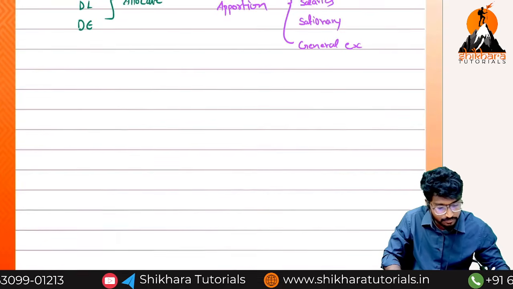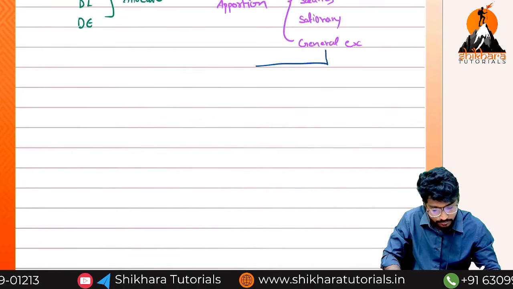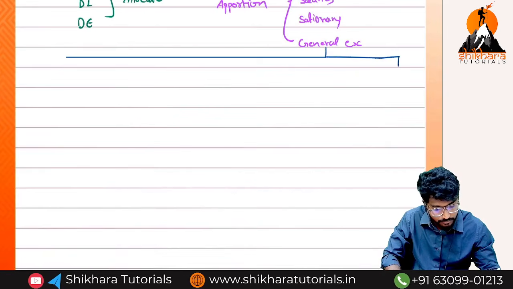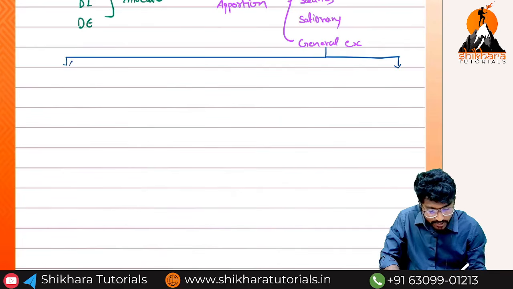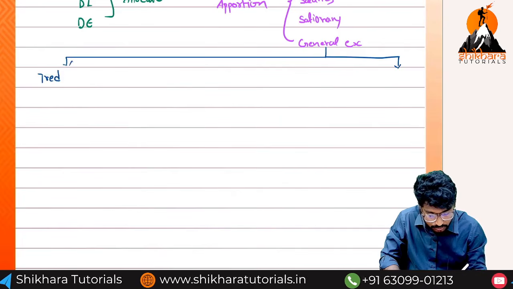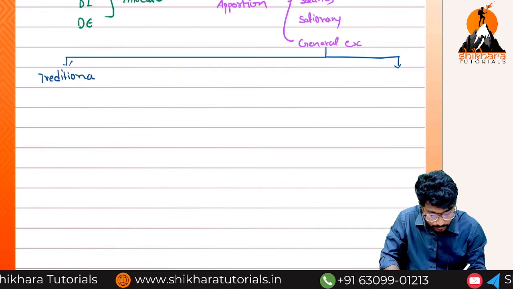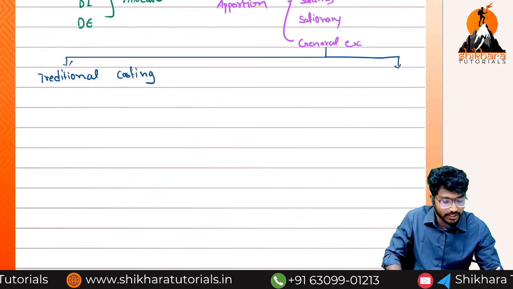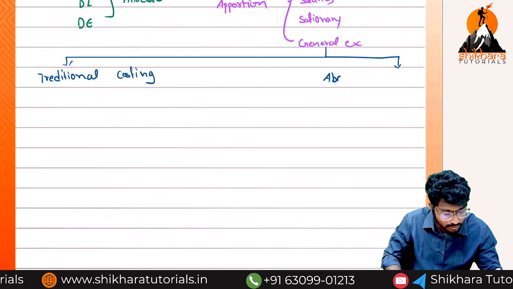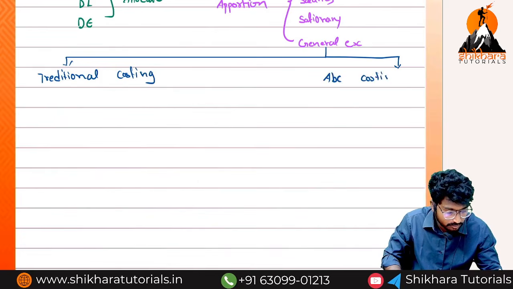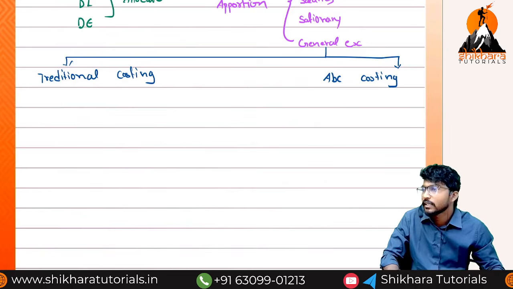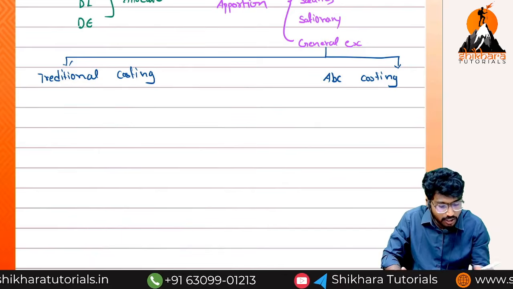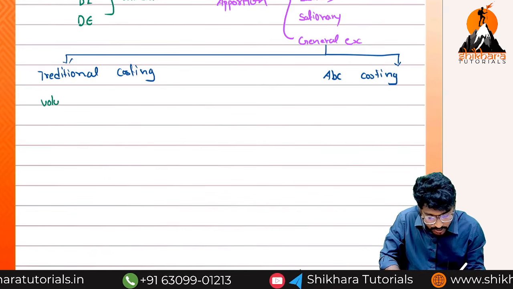One is traditional costing, another one is ABC costing, activity based. This traditional costing method is volume based allocation.